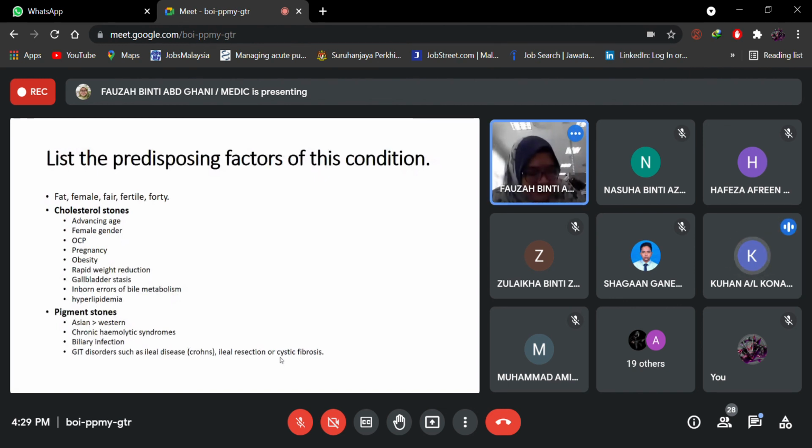Okay. And the empyema is due to the first. Okay. And the cholangitis is the inflammation of the bile duct. Why?